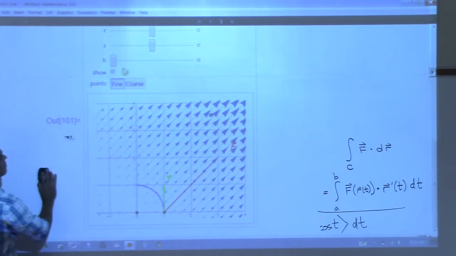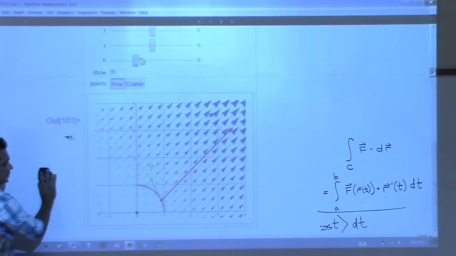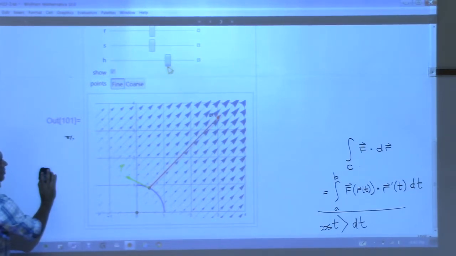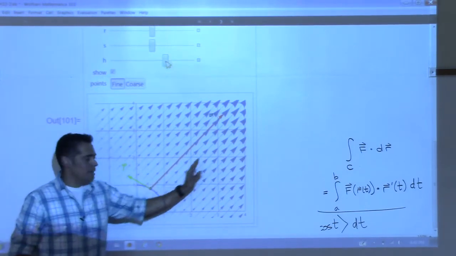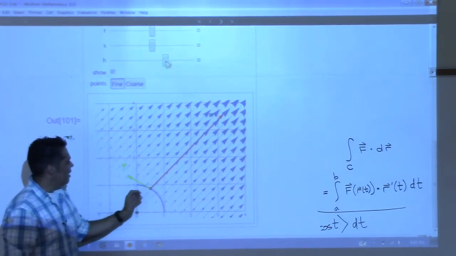Right now, I hope it's clear we should have positive work here, and then right in here we're getting negative. Here the work is probably about 0, and then we have negative work. But it's not symmetric, look. Here's where we have a switch. Everything from here was positive work, and everything over here was negative work. So why is it 0?